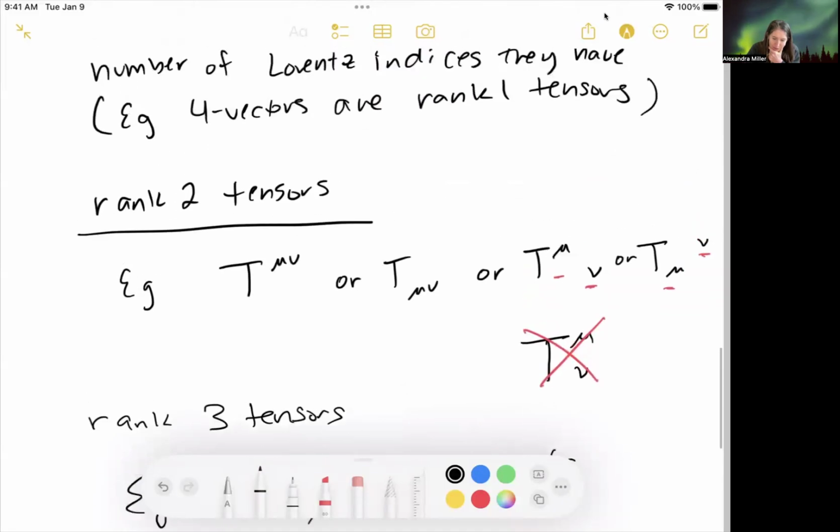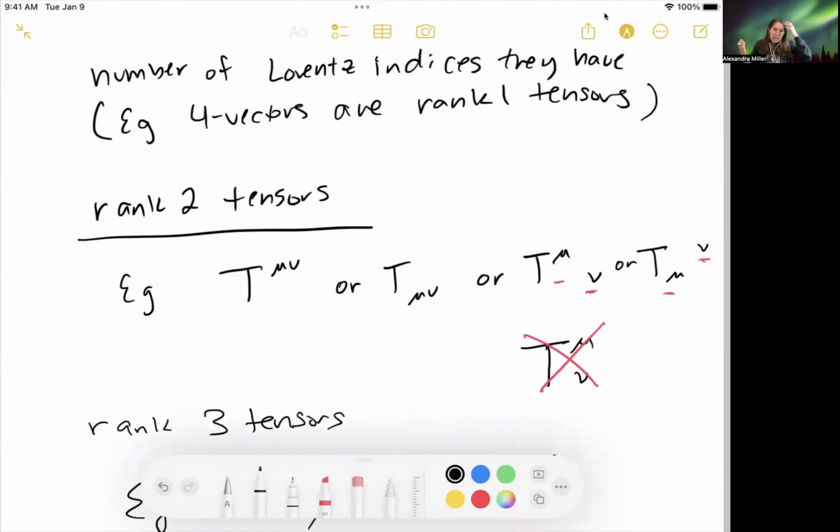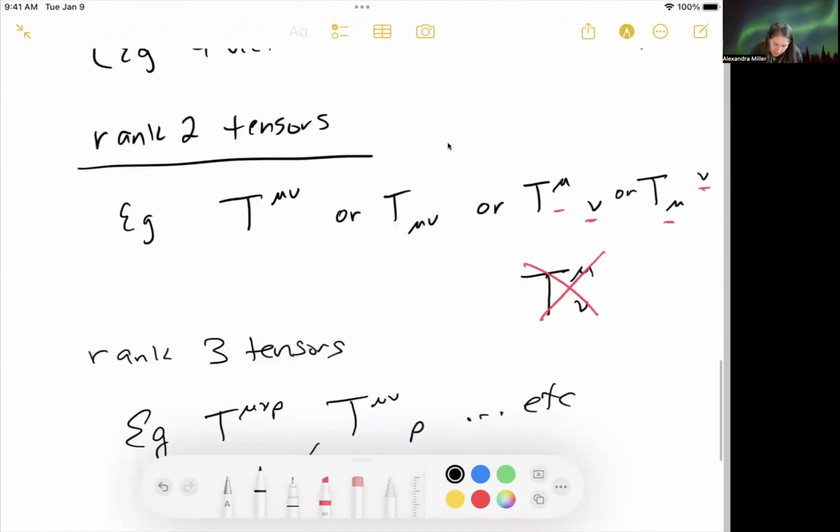Okay, so that's writing objects with Lorentz indices, which we refer to as tensors. We'll see in future videos how we're going to actually do calculations with them, but that's a basic introduction to these objects.